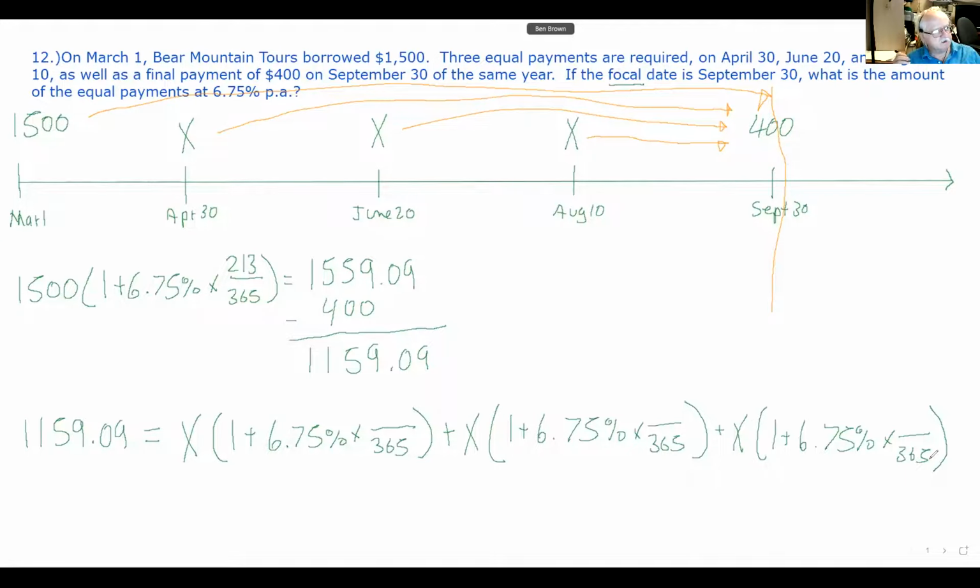When calculating days on calculator, I got error 6. Let's go to the calculator and see if we can see why that happened.